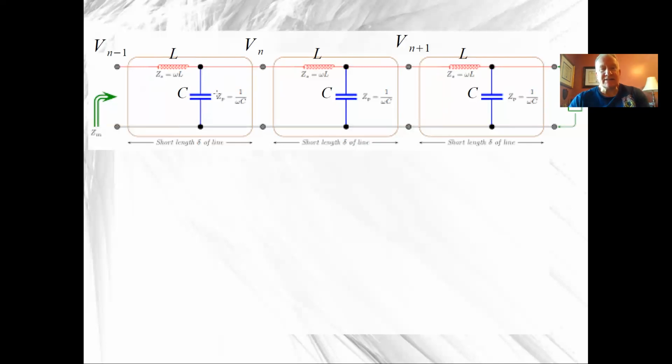And the capacitance has an impedance of 1 over omega C. As the frequency increases, the impedance due to the inductor becomes larger. And as the frequency increases, the impedance due to the capacitance becomes smaller. Once again, these are lengths of dx.